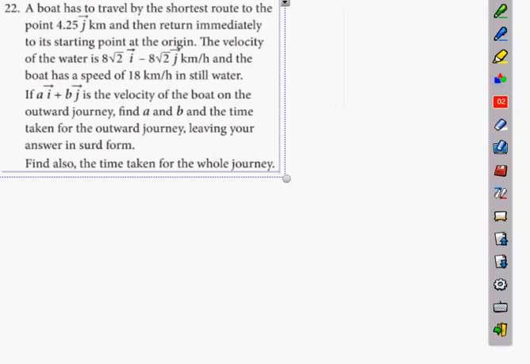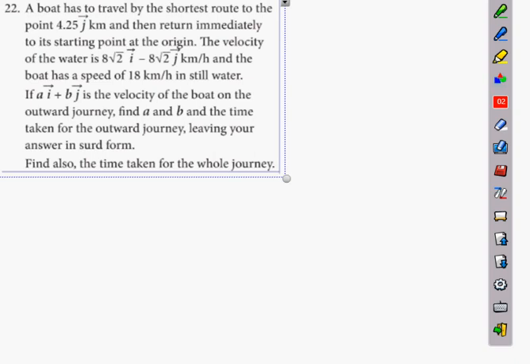Alright, 22. This is as hard as it'll get for us for the time being. The boat has to travel the shortest route to a point 4.25 kilometers and then return immediately to a starting point at the origin. The velocity of the water is 8√2i minus 8√2j.